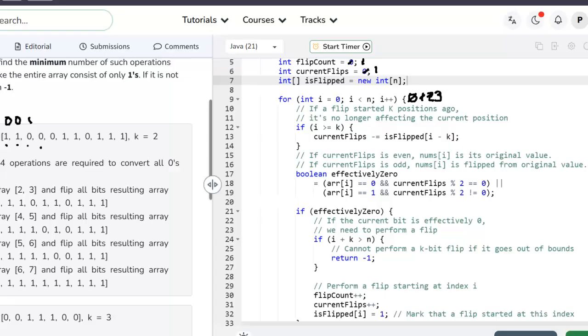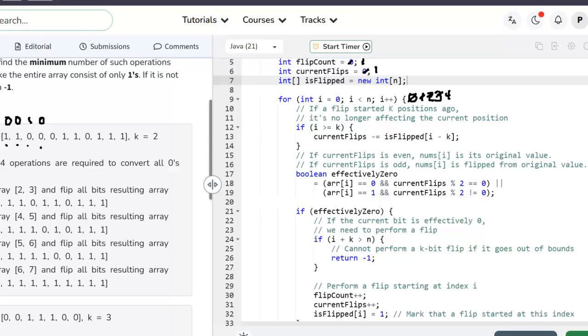What that means is that by doing the flip at index 2, we effectively flipped index 3. So that is a 1 for our purposes. Okay, if effectively 0, no, nothing down here. All right, and that is not going to be flipped.